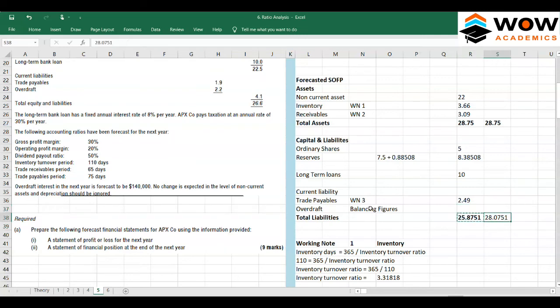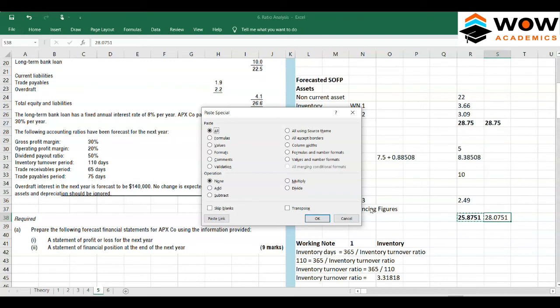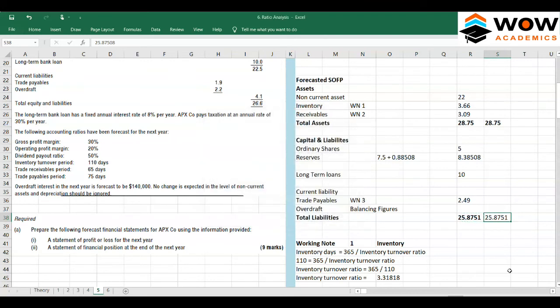So it would be 25.8751. The difference between, see, this is the total asset, this is the total liability. The difference between these two should be the overdraft. So this number minus this number should be the overdraft.